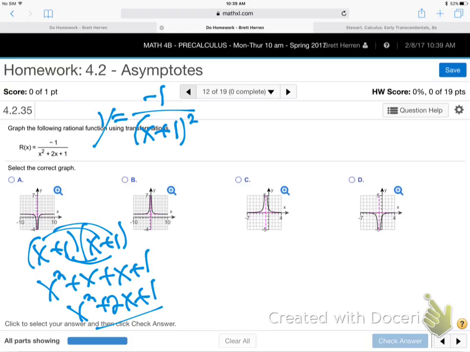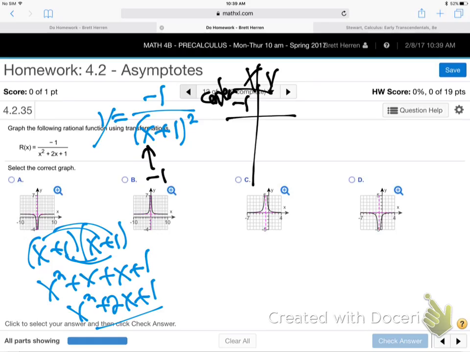Meaning make the table. XY table, find the center point, find one other point. So what am I going to plug in for the center point? Whatever zeroes out the x zone, that'd be -1.